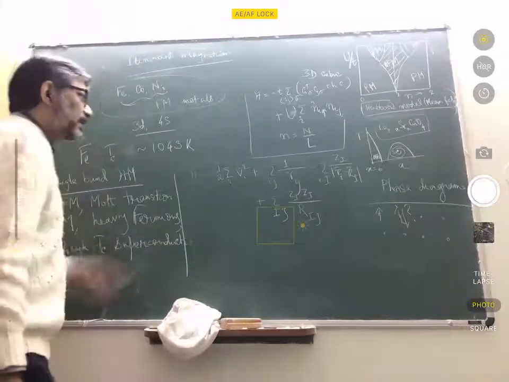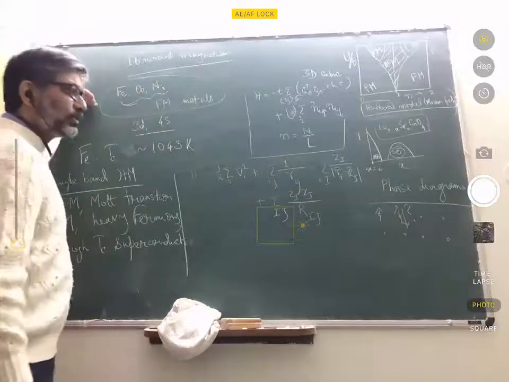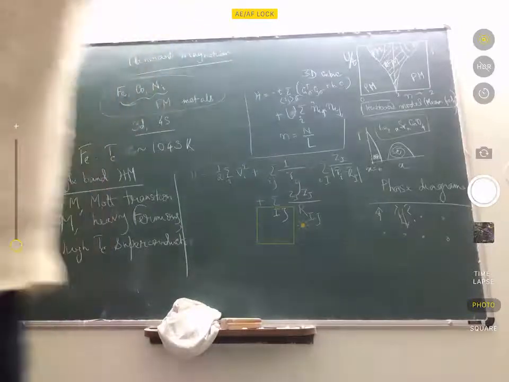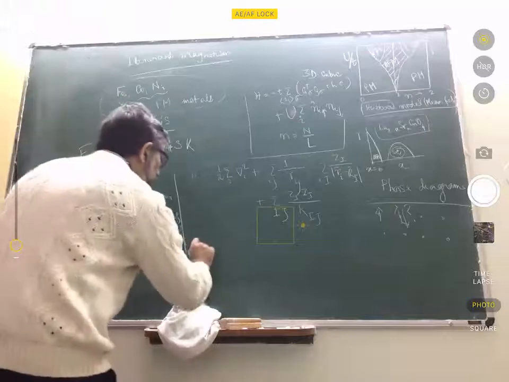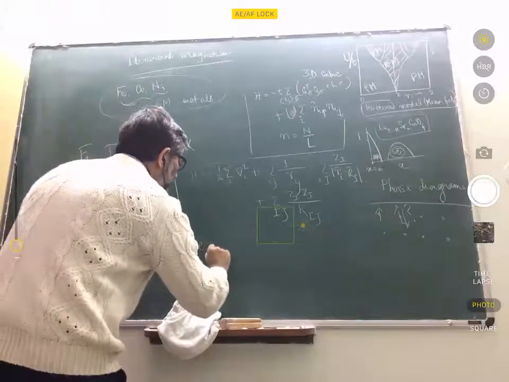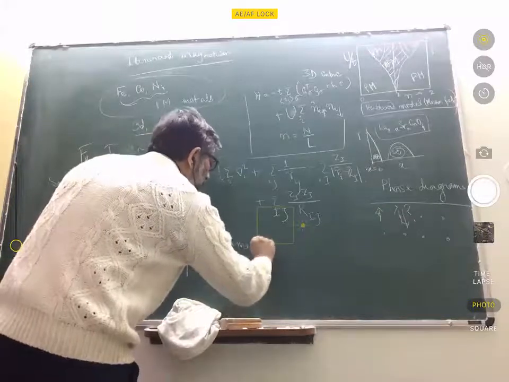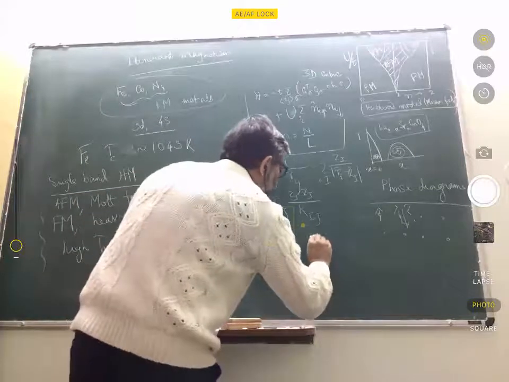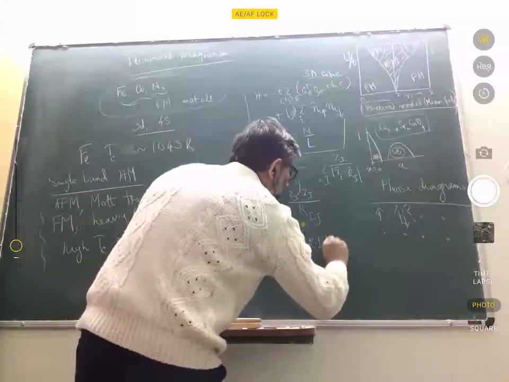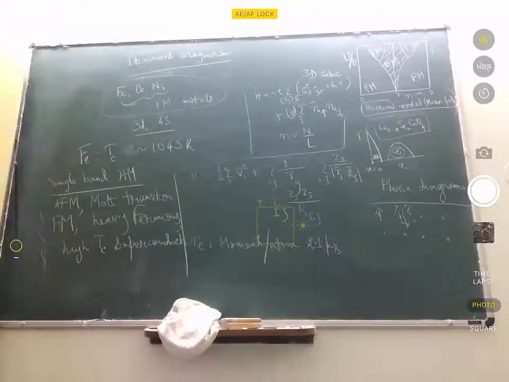So these kinds of theories for calculating band structure produce the ferromagnetic states in these materials perfectly well. In fact, for example, if I take iron, the magnetic moment per iron turns out to be something like 2.1 mu B or so.